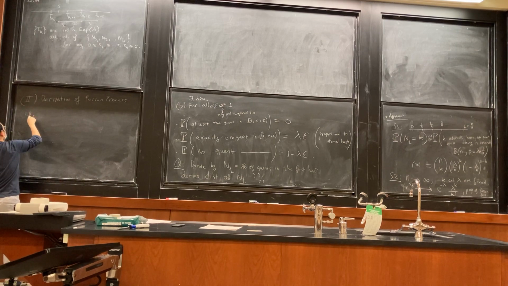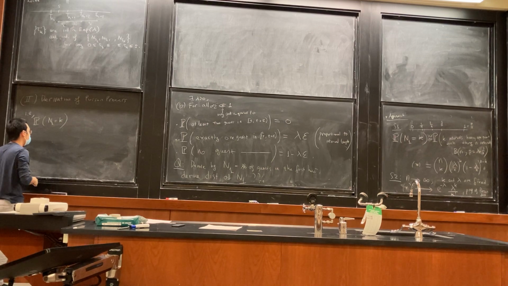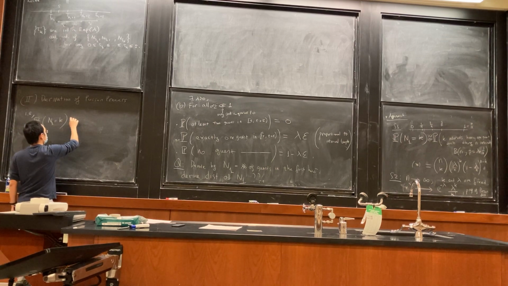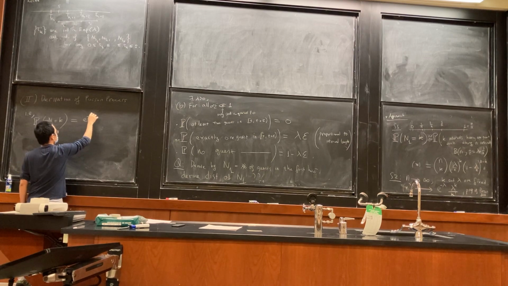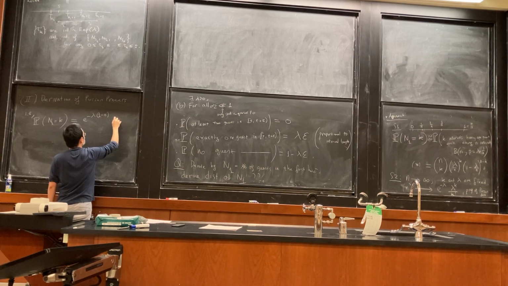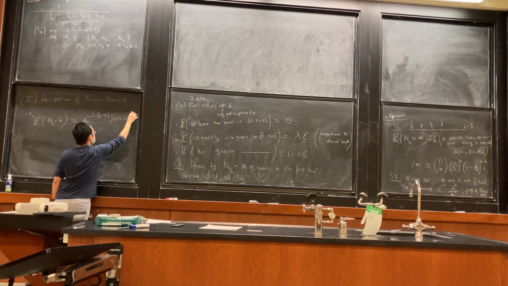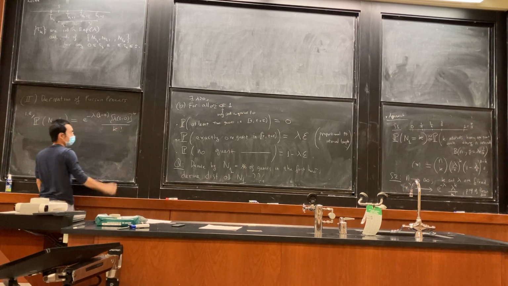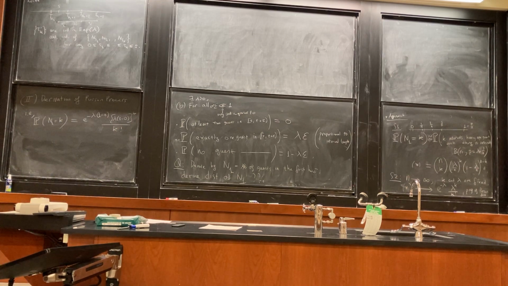In other words, we are confident to say the probability of the number of guests arriving in the first hour can be written as e to the minus lambda times lambda to the k over k factorial, which explains the idea of the Poisson process, and why we have the Poisson distribution in the first place.